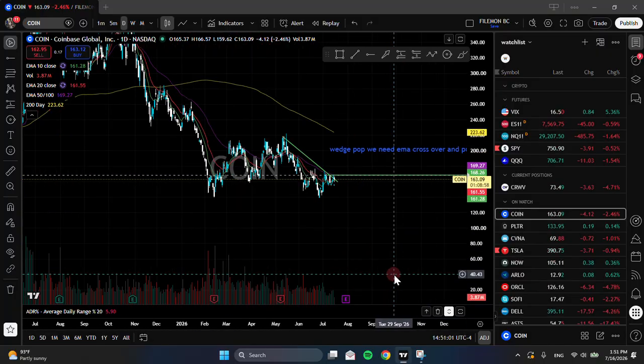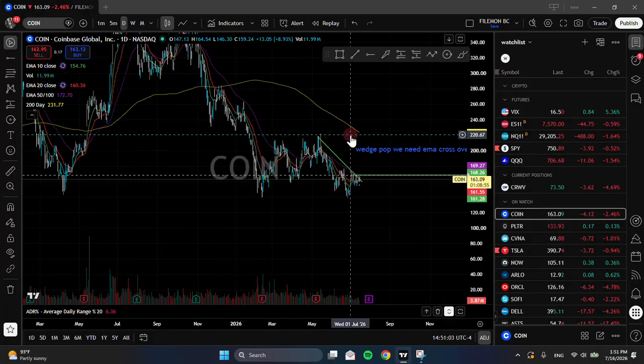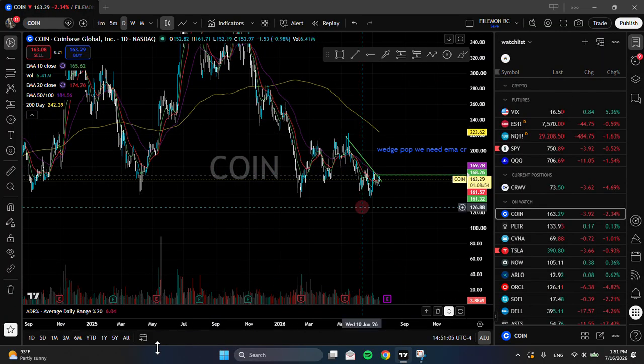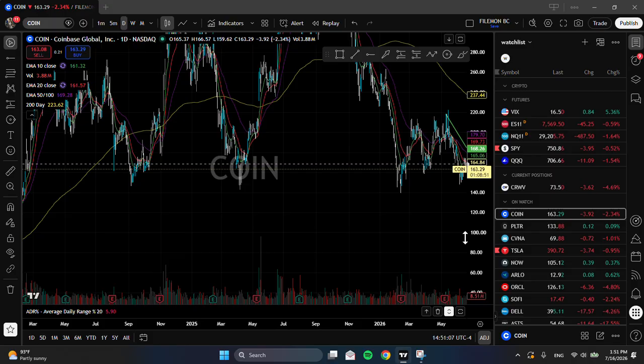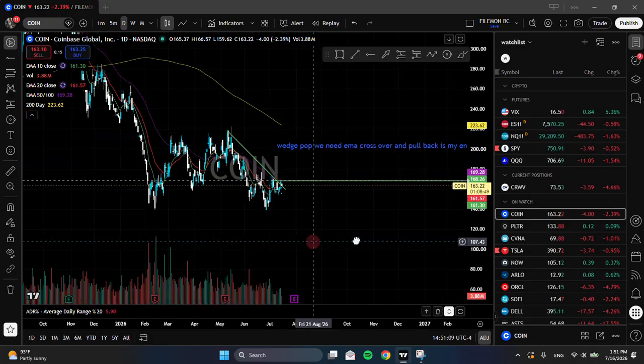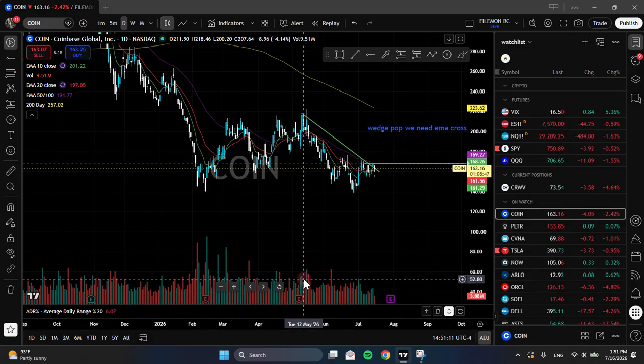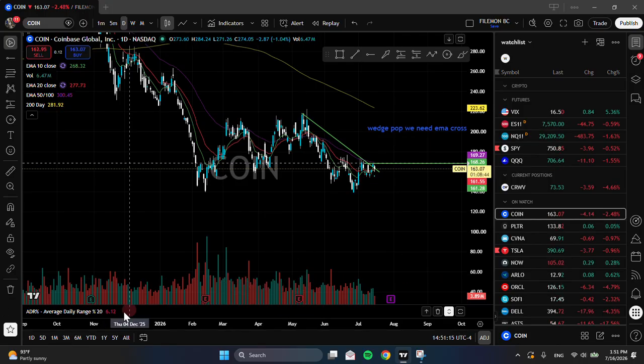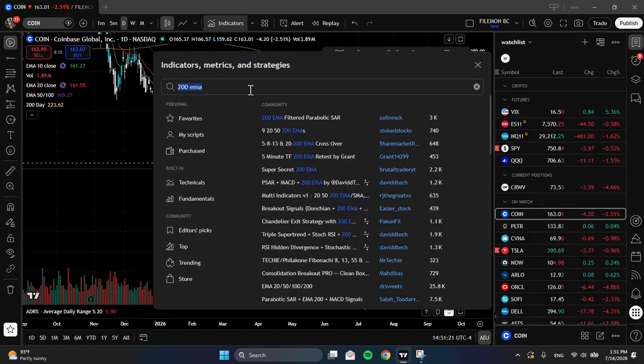What else? ADR. So what is ADR? If you're trading shares, options, whatever you're trading, you want to make sure the stock has a good ADR. Right here, you just type in ADR and it will pop up.